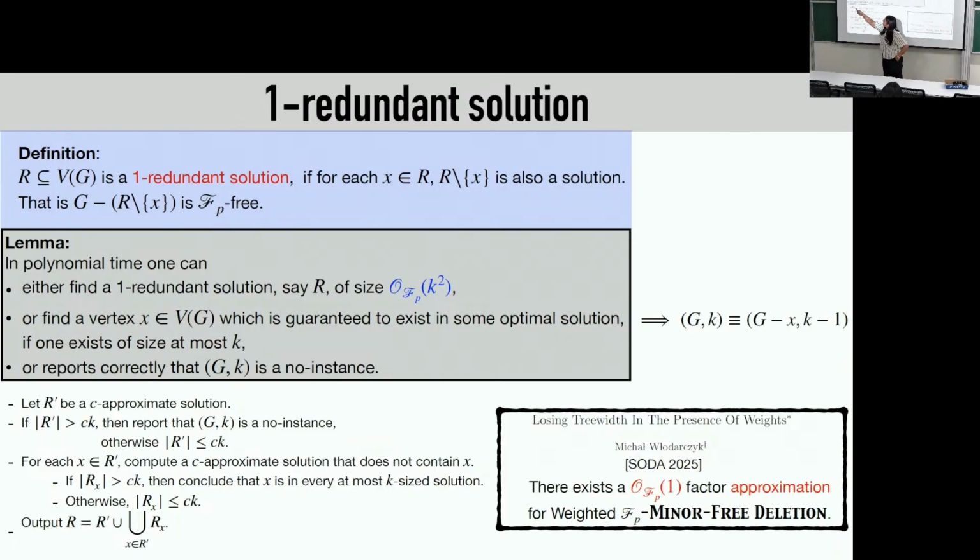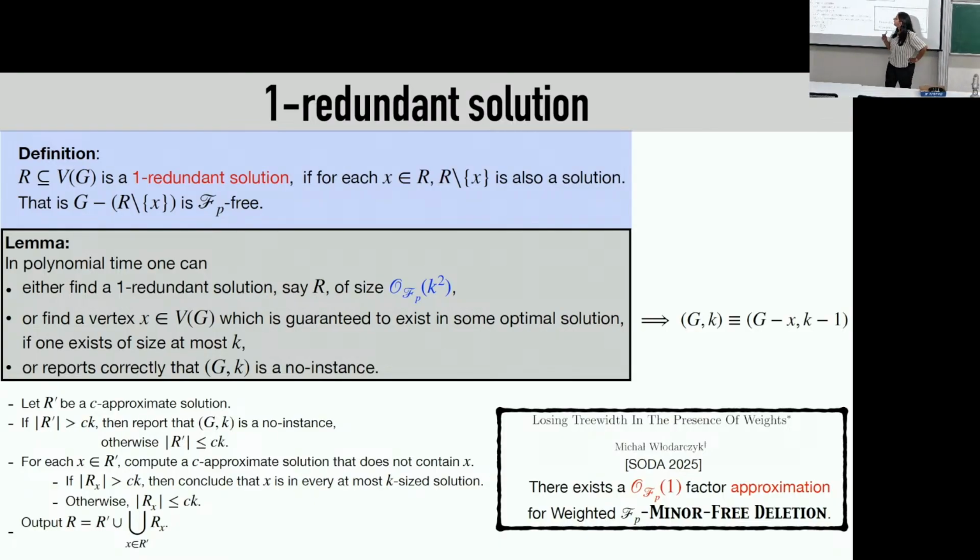So for each vertex X in R prime, you compute a C approximate solution that does not contain X. This is done using the weighted approximation that I just mentioned. Again, if the size of this set is greater than Ck, then you can conclude that X is in every K size solution, and then you get the second condition of the lemma. Otherwise, the size of Rx is bounded.